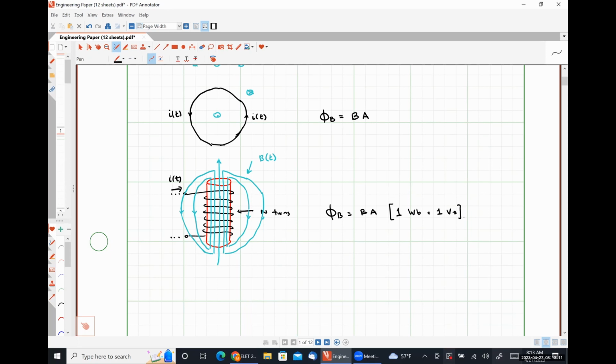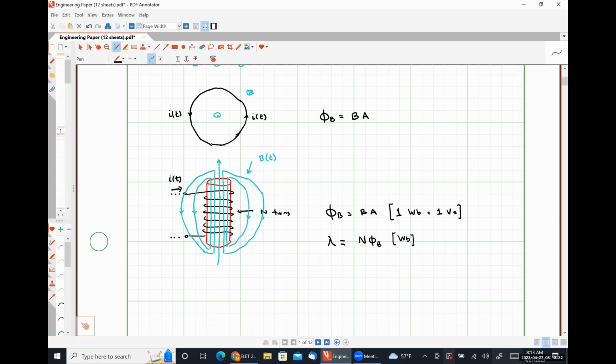Okay. The flux linkage of this coil is going to be N times phi B, also measured in Webers.